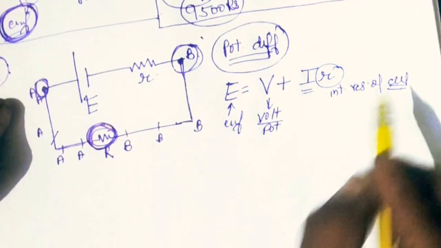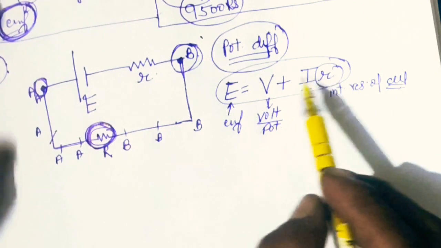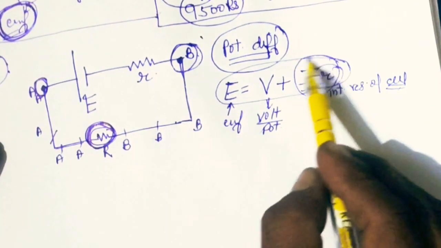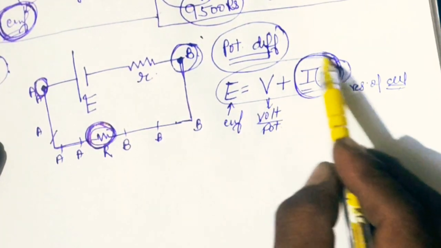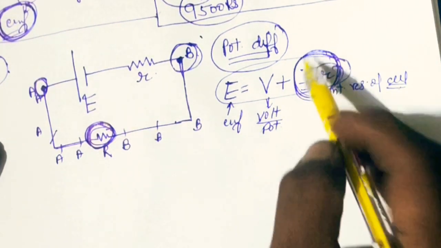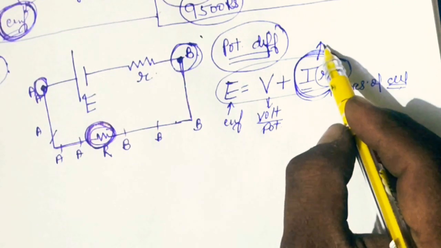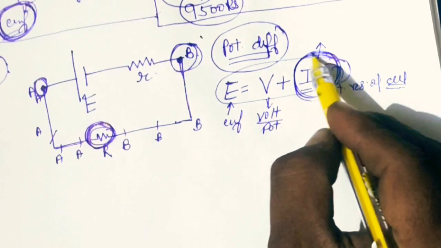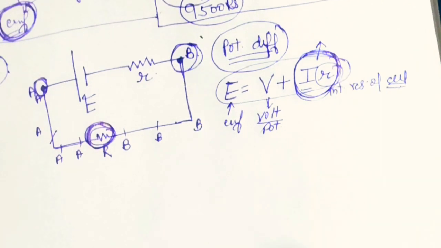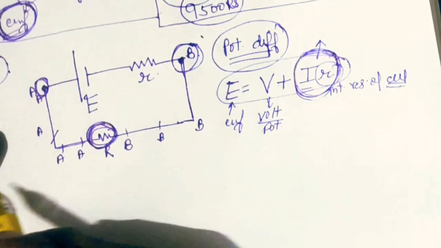We have already discussed it, but we have to use this formula. This value I into r is the voltage that the cell uses by itself. So it is like the expenditure of the cell. The worse the cell is, the more will be the value of I into r. So this is the general topic about potential and EMF.